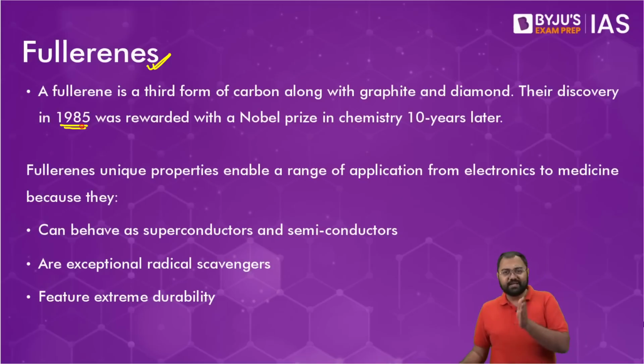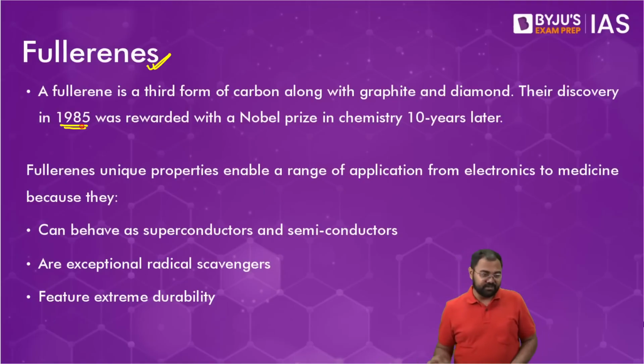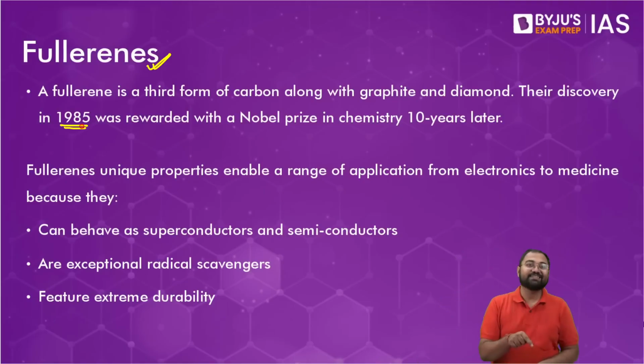And now you'll see that once nanotechnology started to take a shape and became a reality, there are a lot of Nobel Prizes that have gone to nanotechnology. Even the 2023 Nobel Prize in Chemistry goes to nanotechnology.